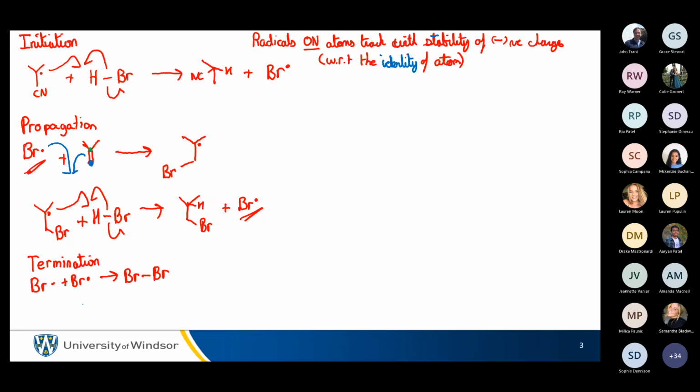So bromine can come together. Again, the complex one that gets everyone excited.